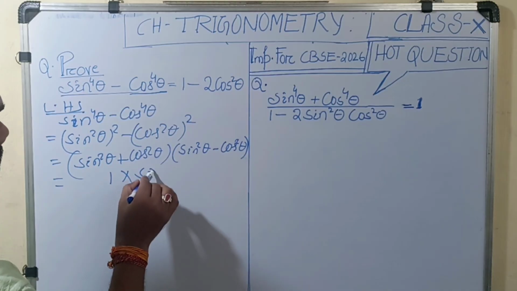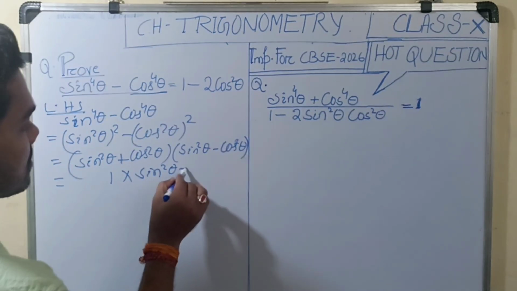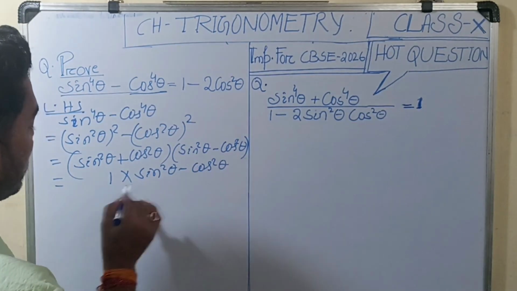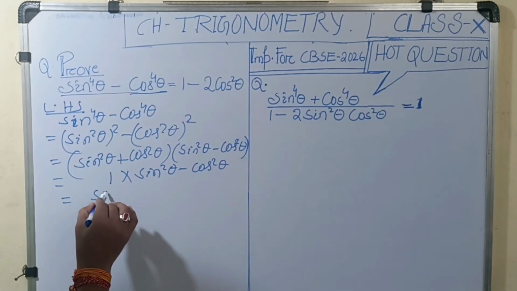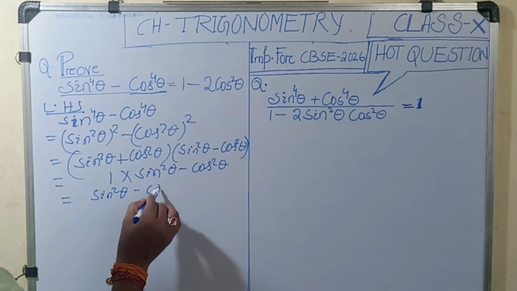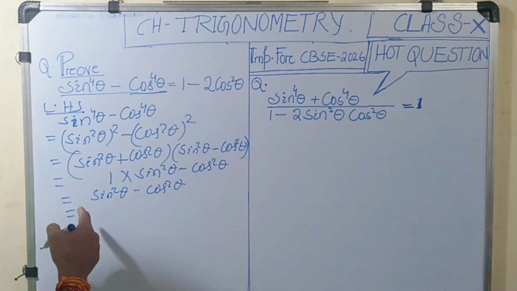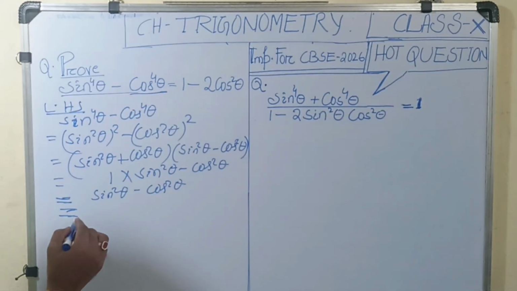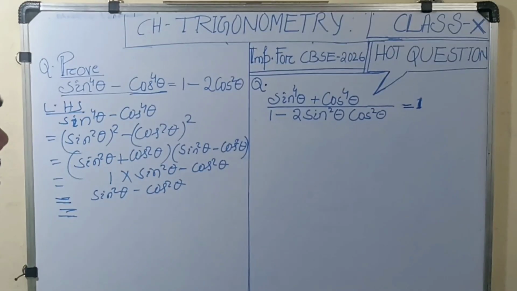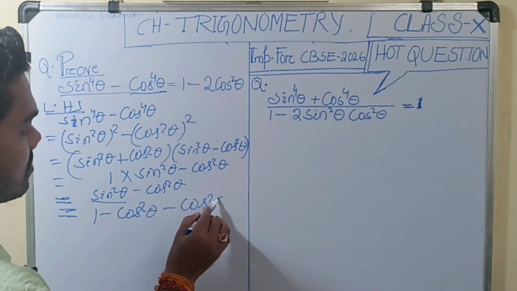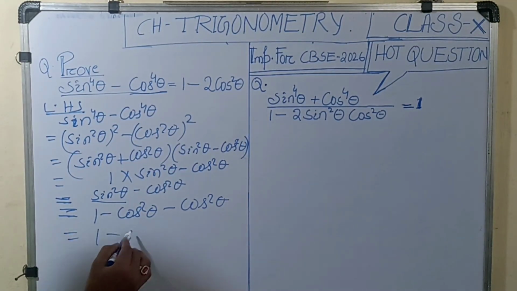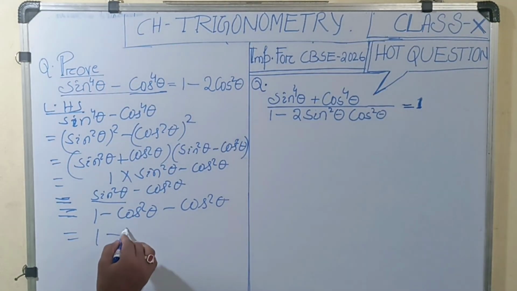So 1 into (sin square theta minus cos square theta), which is sin square theta minus cos square theta. And you know the formula sin square theta plus cos square theta is equal to 1, so sin square theta will become 1 minus cos square theta. So we get 1 minus cos square theta minus cos square theta.